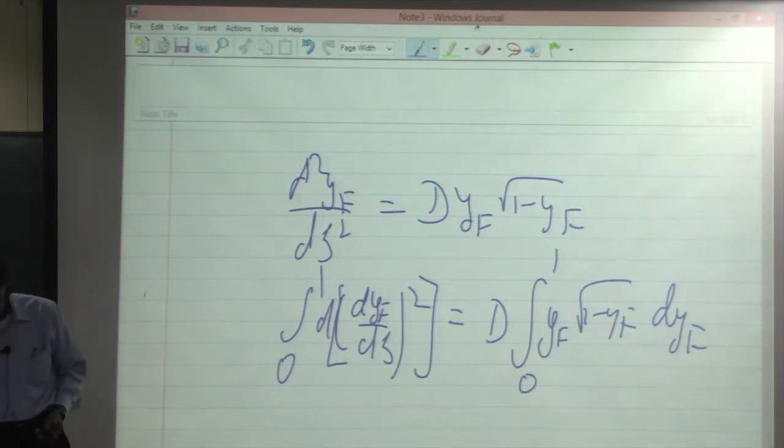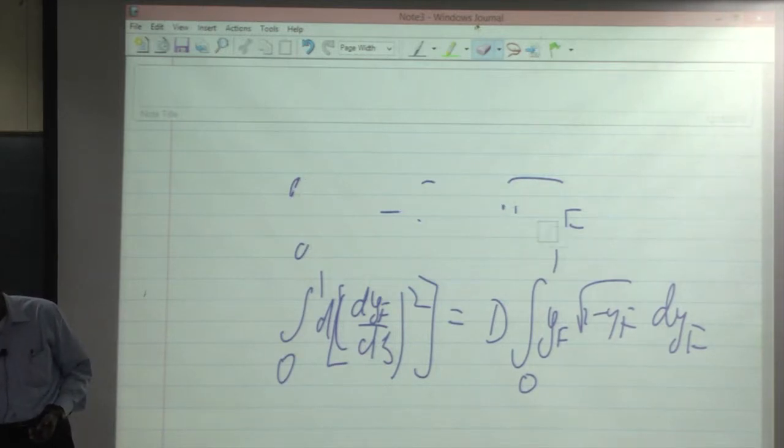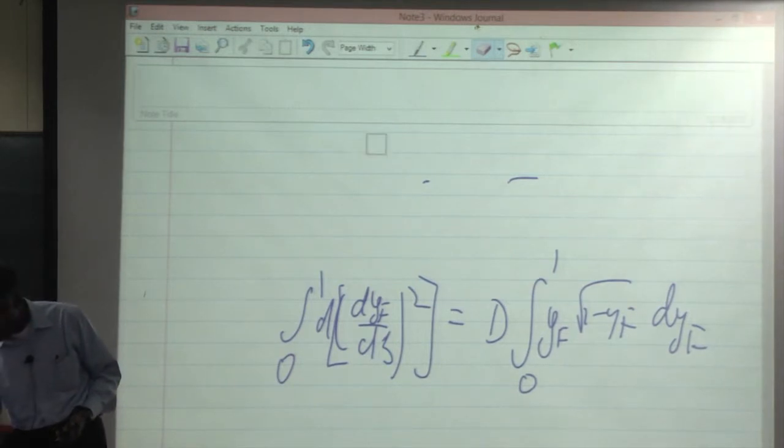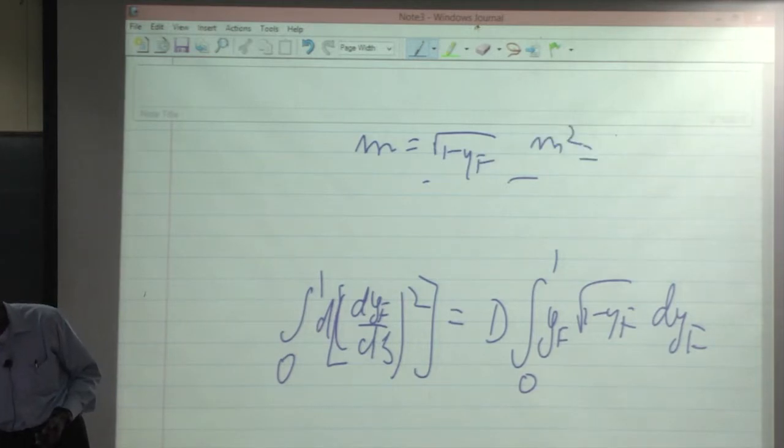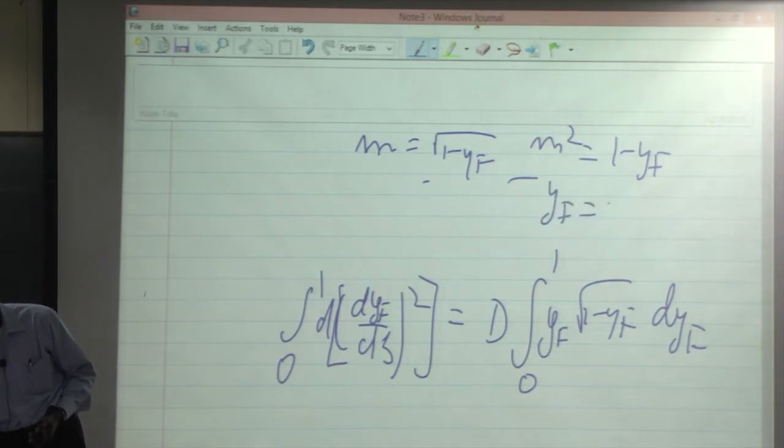If you want to proceed to do that integral, you define a variable m, which is the square root of 1 minus yF. So m squared equals 1 minus yF, so yF equals 1 minus m squared.